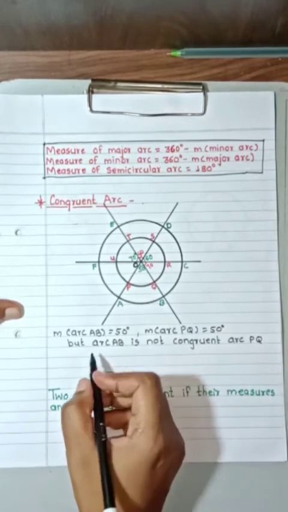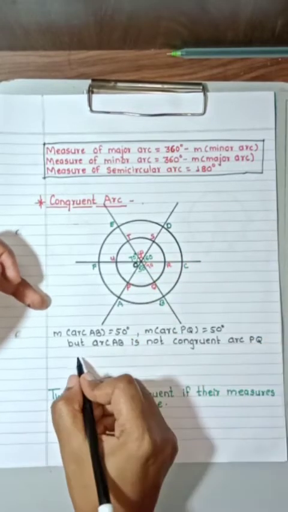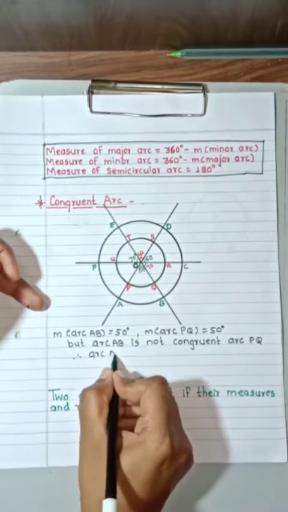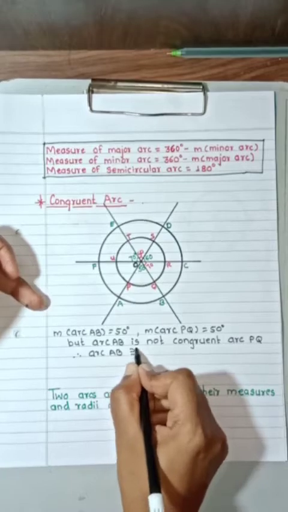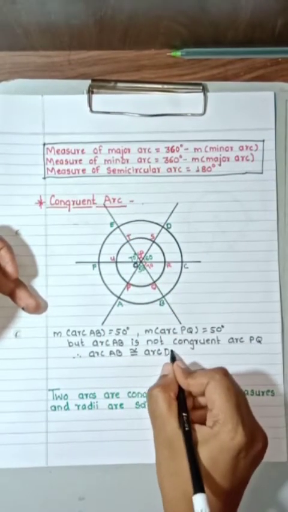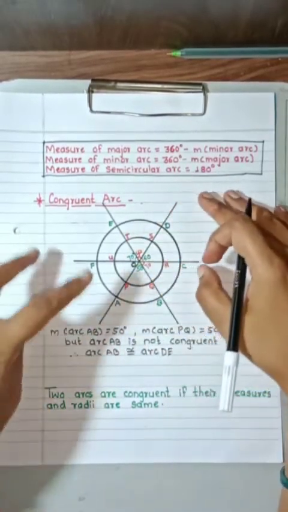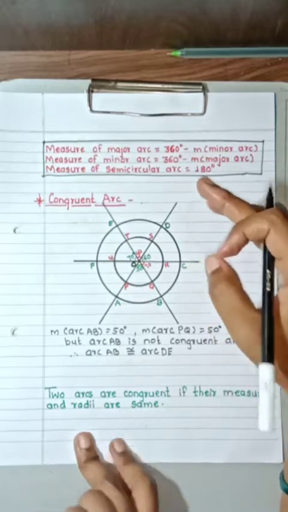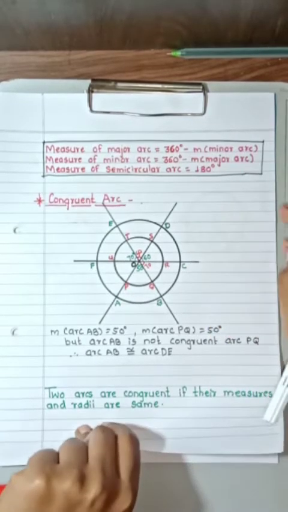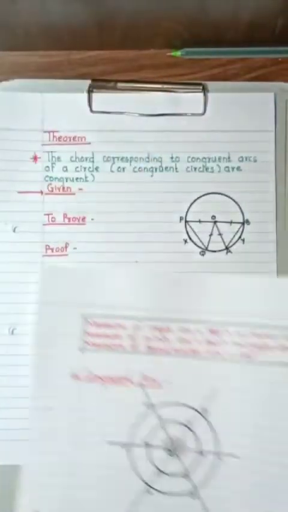Therefore, what you have to do is take vertically opposite angles. Therefore, arc AB is congruent to arc DE. I hope it is clear to you all. So there is no need of writing everything over here. Just listen to the explanation carefully. Now let us move on towards the next point, that is the theorem.